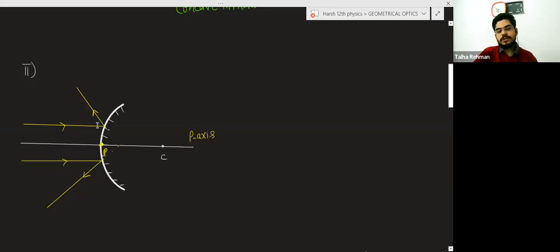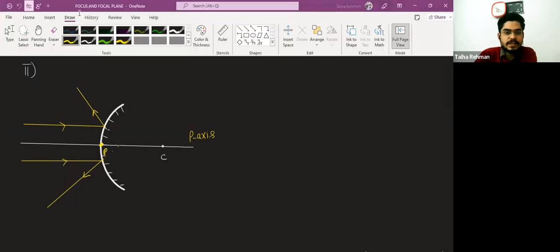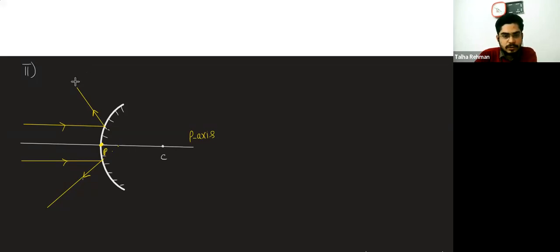The first reflected ray is this, the second reflected ray is this. Now both these reflected rays are diverging in nature, and we know that diverging rays will never meet. So in this case, we will produce these diverging rays backward.